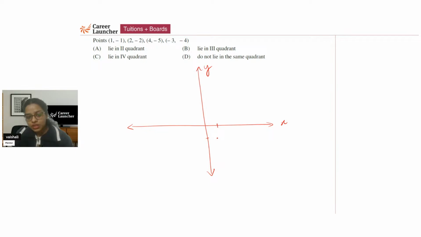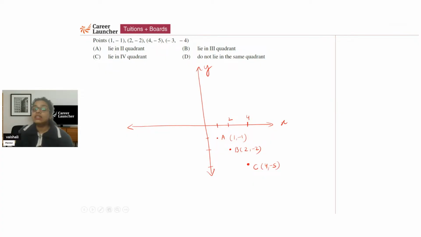So for instance, this point A is my 1, -1. 2, -2. Okay, so somewhere over here, यहाँ पे 2 है, -2 यहाँ पे है. So this is going to be point B, which is 2, -2. Next point is 4, -5. 4 is somewhere over here and -5 by chance यहाँ पे है, तो यहाँ पे मेरा point हो जाएगा C, which is 4, -5.